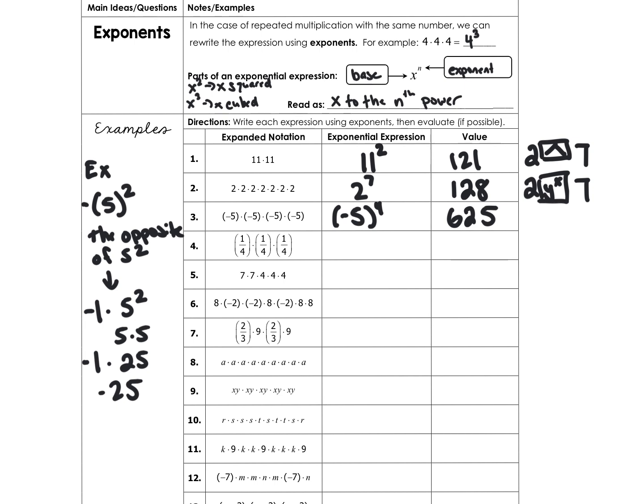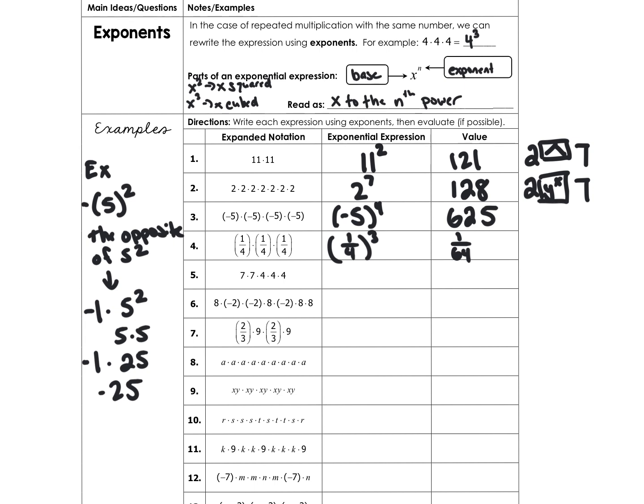We can also use exponents to help express fractions. So here we have the repeated multiplication of 1/4. That is going to become 1/4 to the 3rd power, which would end up being 1/64. And if we had multiple numbers that were being multiplied, we would just use exponents for each individual part.